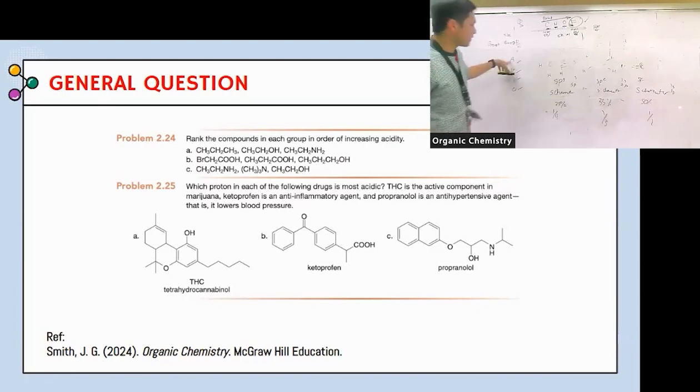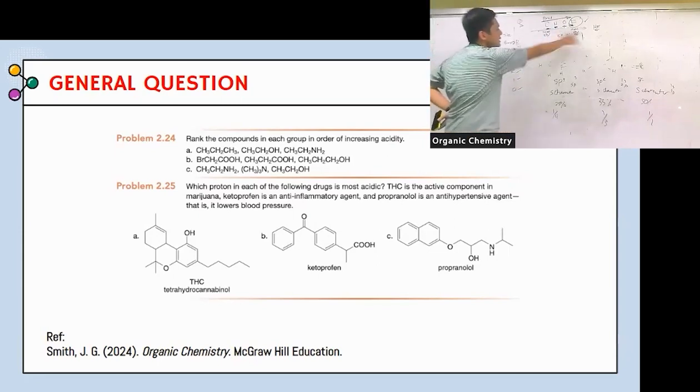Is it atomic effect, resonance, inductive effect, or orbital? Okay, thank you for answering. The correct answer is A. So as you can see, the difference only lies in the atom that is connected to your hydrogen. So atomic effect is what we use to rank here.